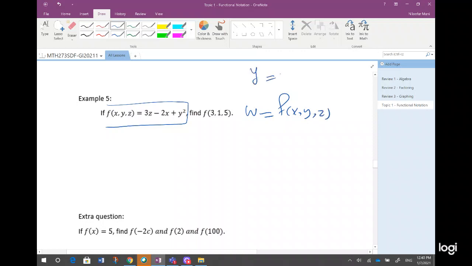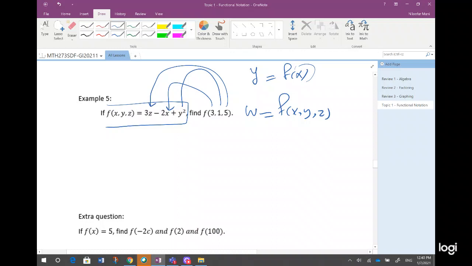Compare this with y equals f of x. Here I have x and y, so this is 2 dimensions. So compare, I should have x, y, z, and then I substitute and find the result for w. So what is the result here? I substitute 3 for x, 1 for y, 5 for z.